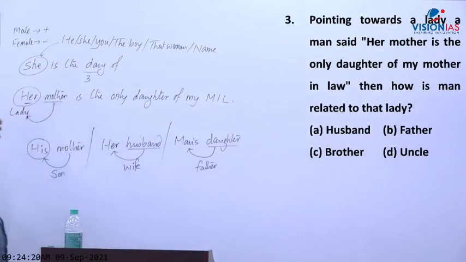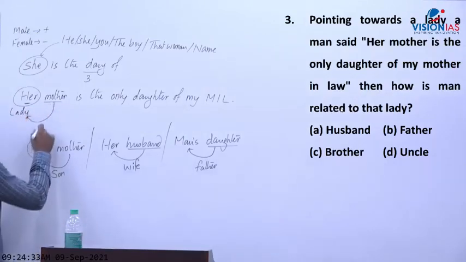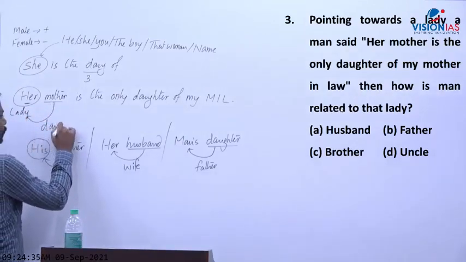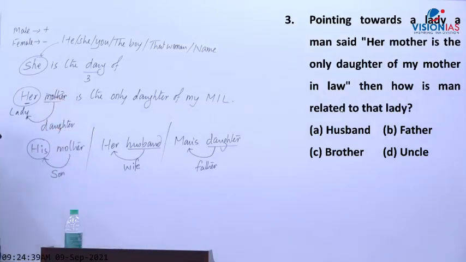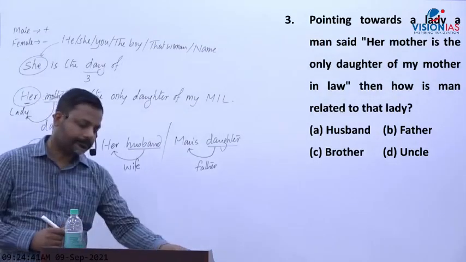Whenever you find a term like this, one relationship should be attached with the statement, and that particular relationship we need to reverse. So for lady's mother, the lady will be what? Daughter. So now we will consider daughter instead of mother, after reversing it.